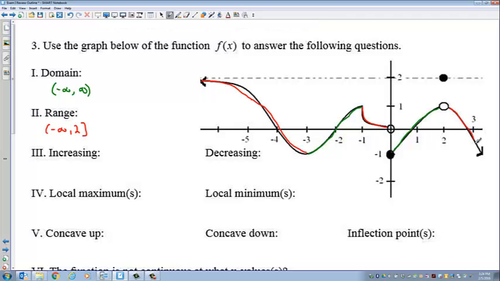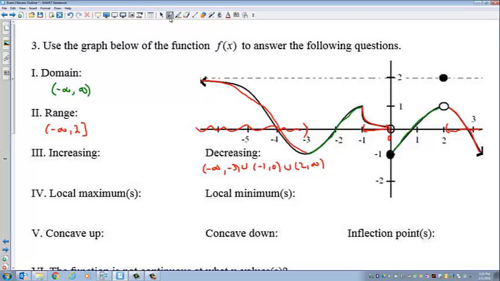When you color it, it's really nice because it's simple to write. It's decreasing on the red stuff. You start at minus infinity, and you're decreasing all the way to -3, union, and then you pick up here at -1 and go to 0, union, and then you're decreasing again from 2 all the way out to infinity.